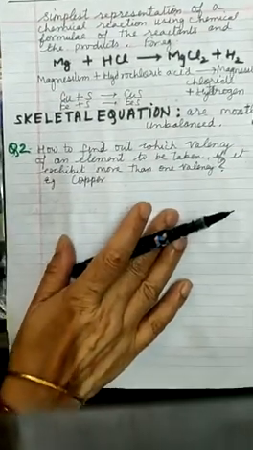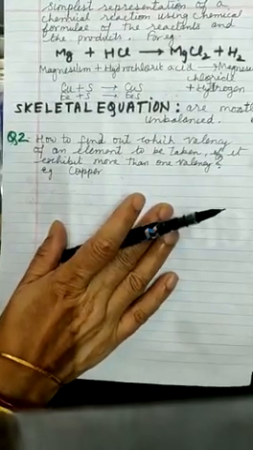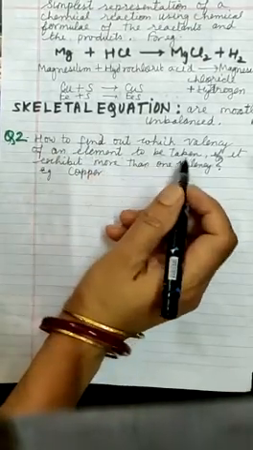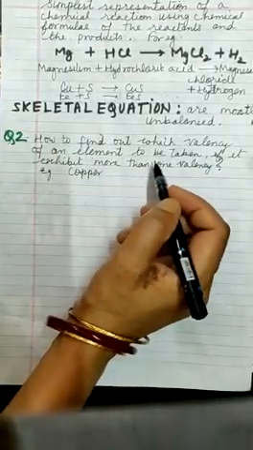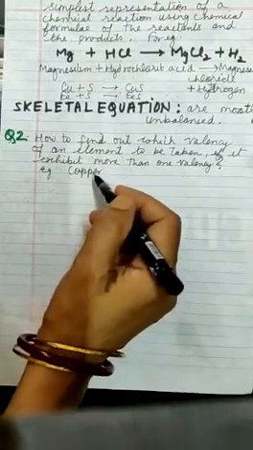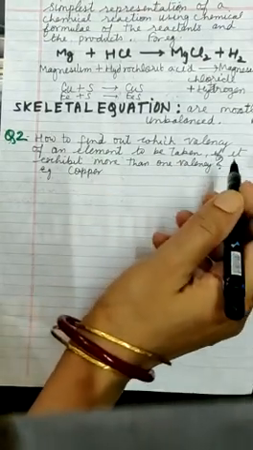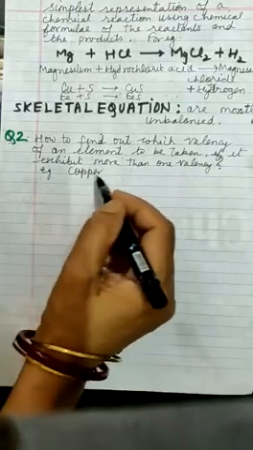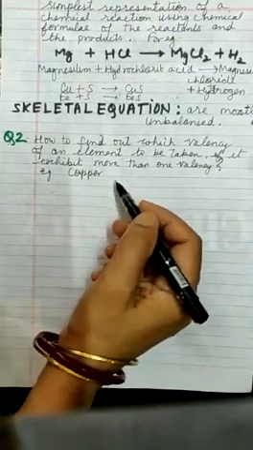Let's come to the second problem, which so many of you have asked, which is how to find out which valency of an element to be taken when the element exhibits more than one valency. The question is about naming a compound. An example is taken of copper.